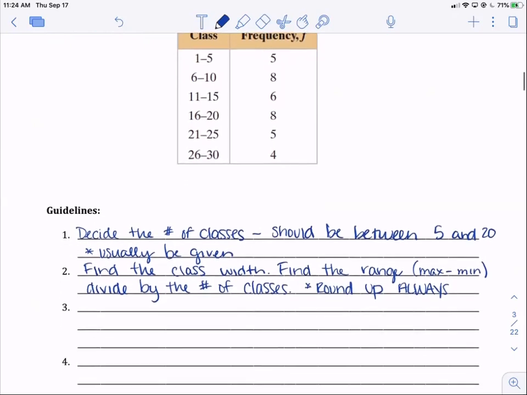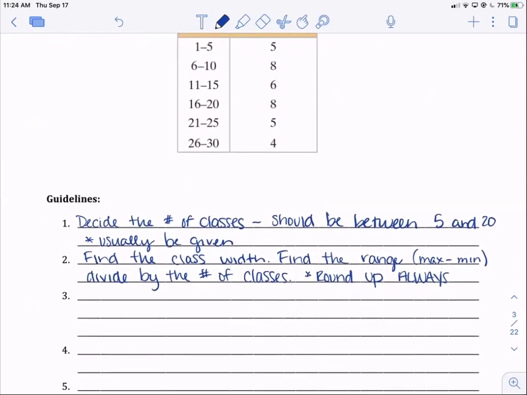So then you're going to find your class limits. Okay. And the way we do this is we use the minimum as the first class lower limit.